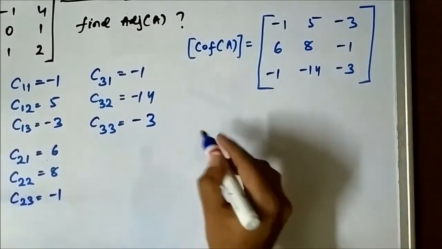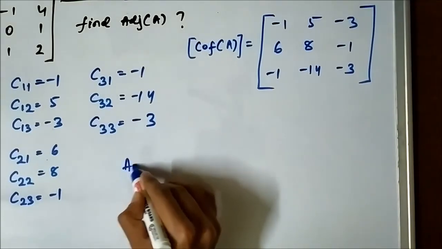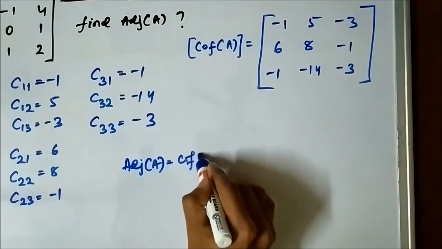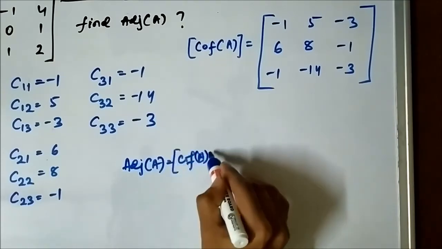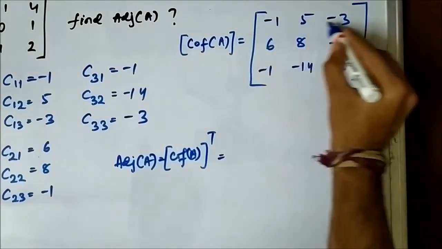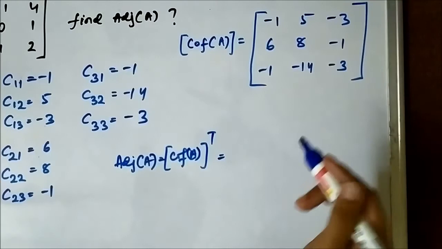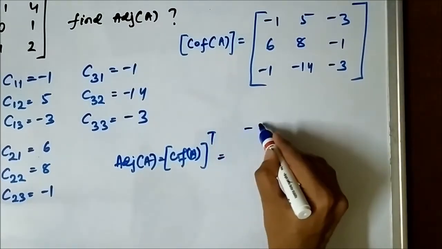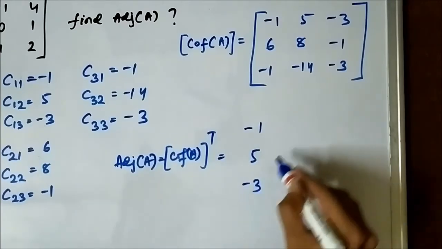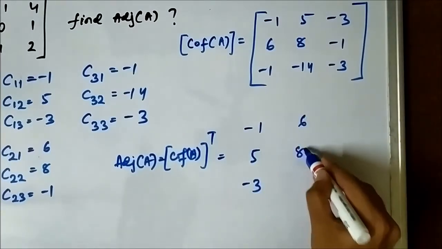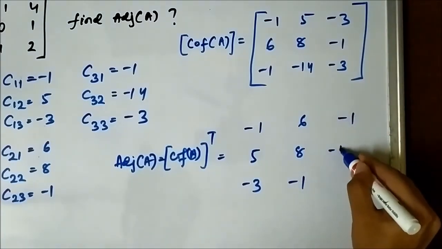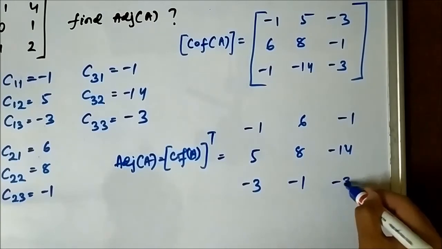Now the adjoint of A is the transpose of the cofactor matrix, which means the rows become the columns. So it is minus 1, 5, minus 3, 6, 8, minus 1, minus 1, minus 14, minus 3.